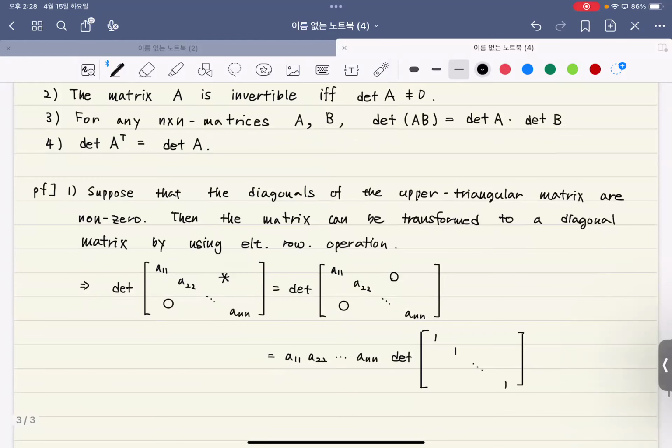Finally, the determinant must be unitary, so this number must be 1. Therefore, in this case, the determinant of this upper triangular matrix is just the product of the diagonal entries.